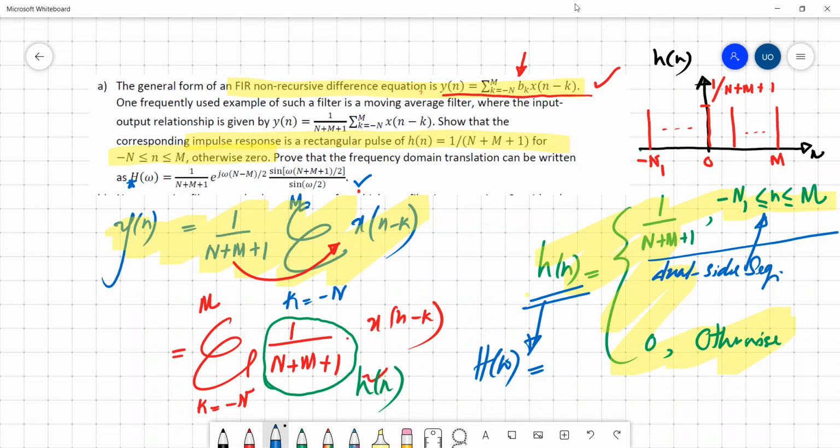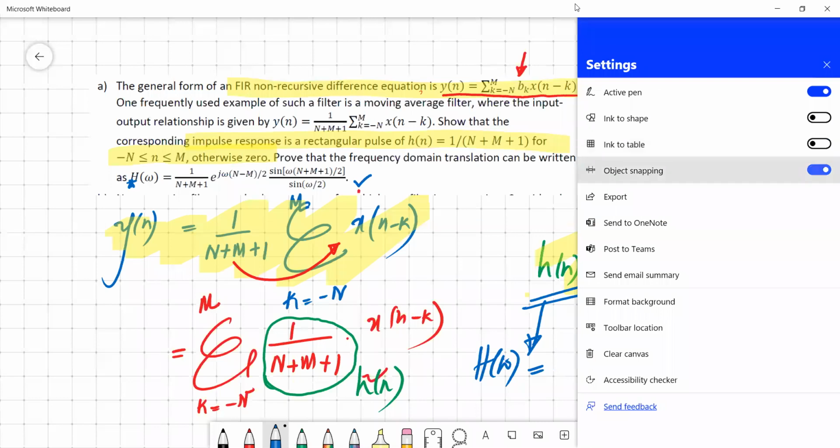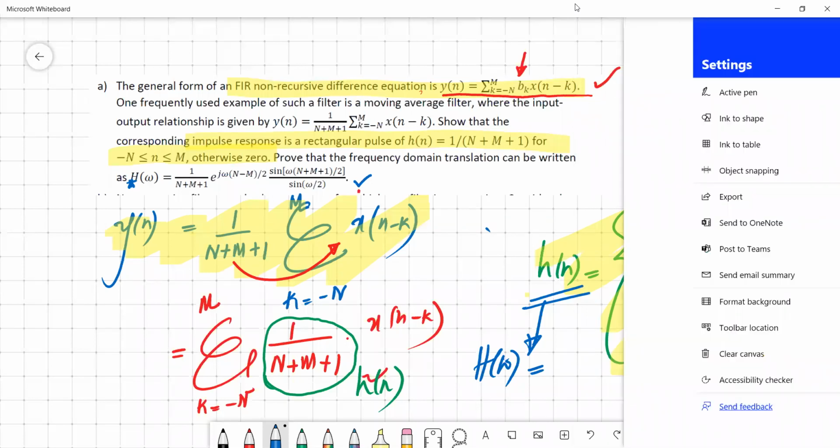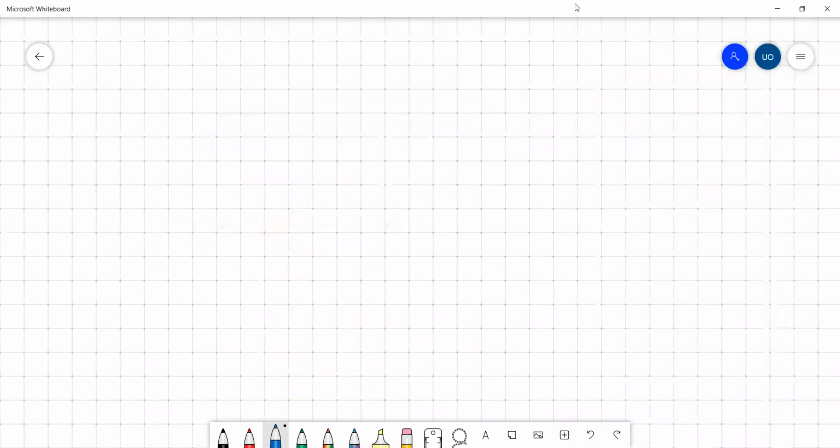Then you can simplify it as discussed in the previous case. Hope it's clear. Because there is nothing new here, you just combine the very generic formula with the transfer function or the system difference equation, and try to find out what h[n] would be. Then we'll move to the next example.